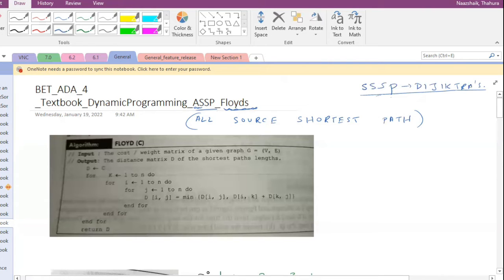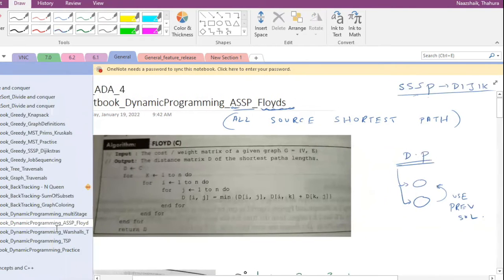Just one note on dynamic programming. We saw in the multi-stage graph also, what dynamic programming actually does is split your problem into smaller chunks, and it tries to use the previous solution wherever possible.